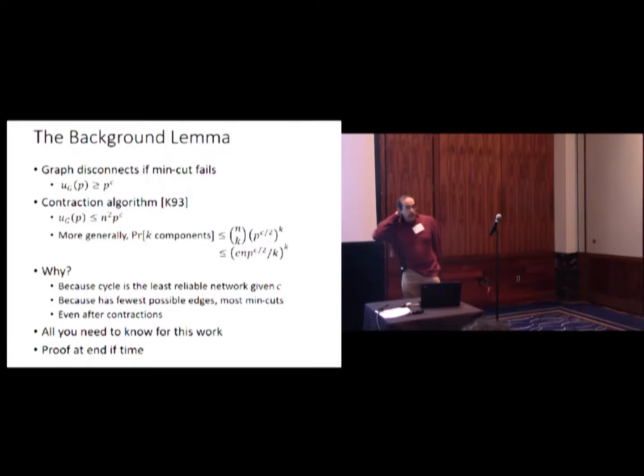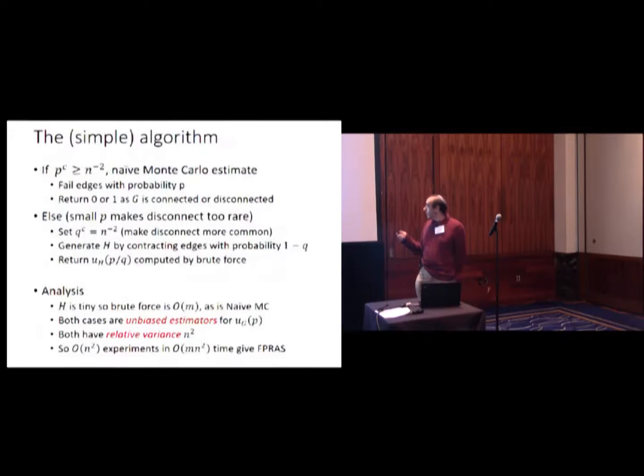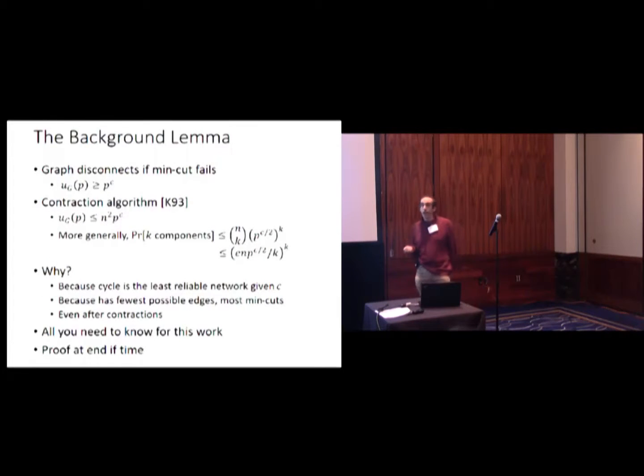On the other hand, and this is much harder to prove, it turns out that no graph has an unreliability larger than n squared times that quantity. And more generally than that, the probability that the graph disconnects into k or more pieces as a result of the failures decreases exponentially in k, so long as this quantity, n p to the c over 2, is smaller than 1.